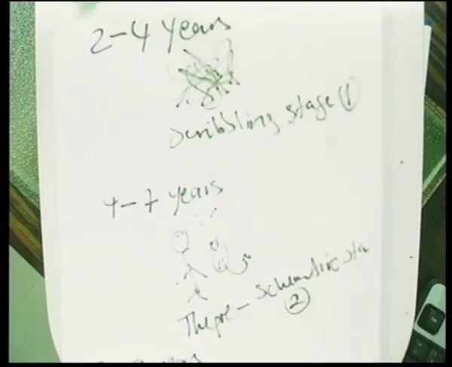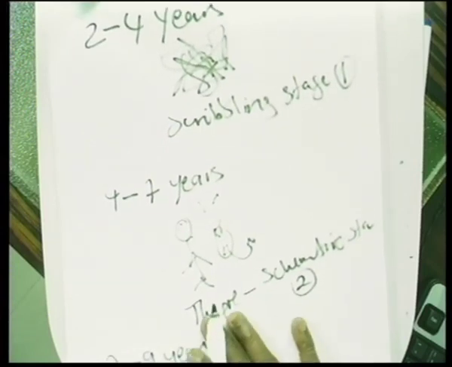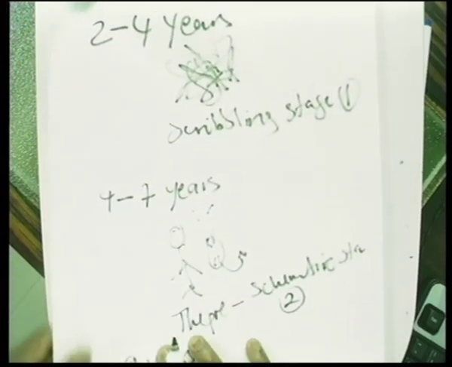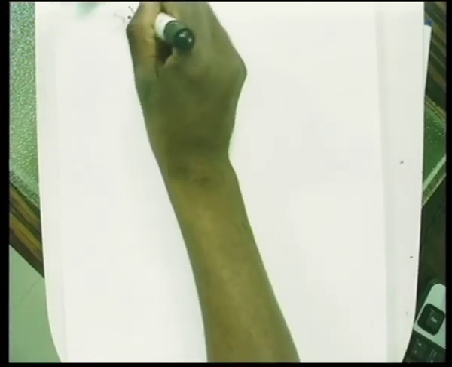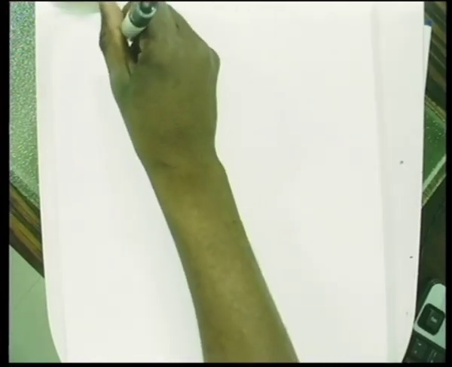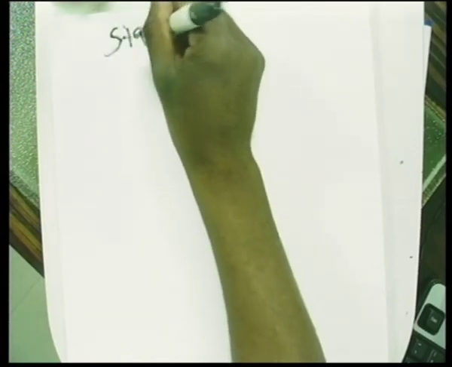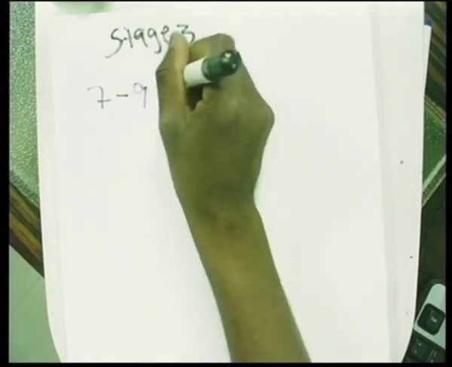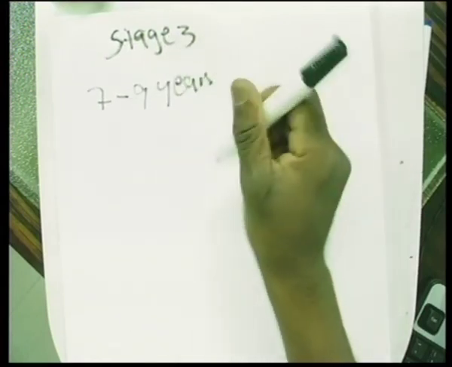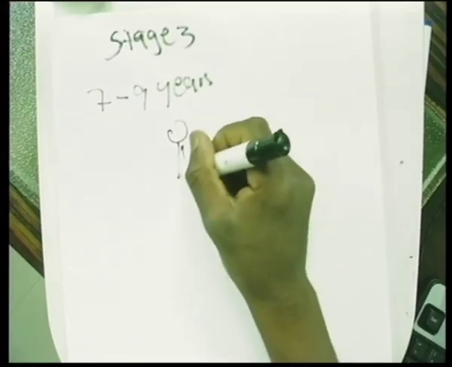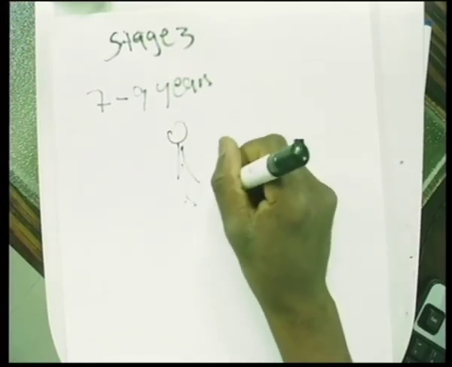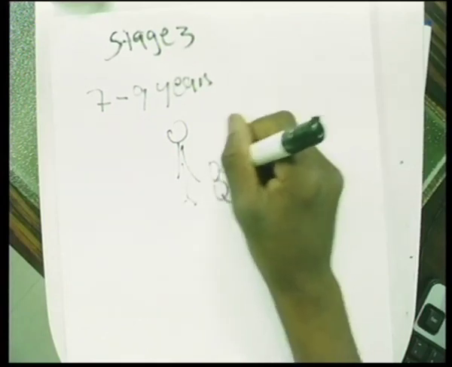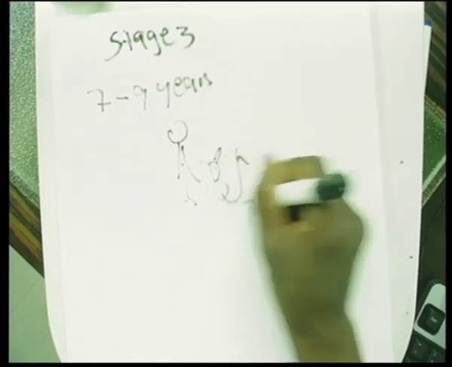But in stage 3, which is between 7 and 9 years, figures are seated.